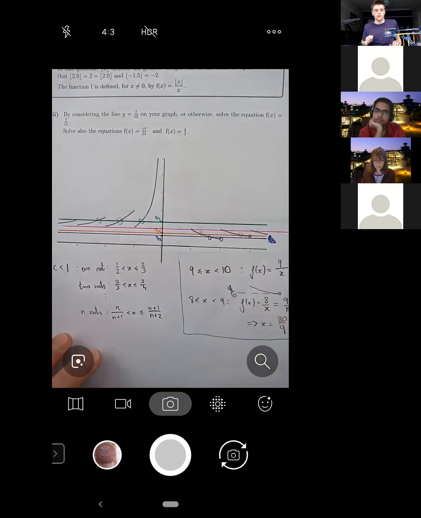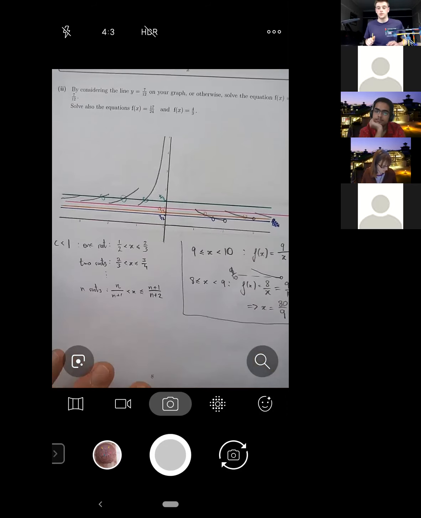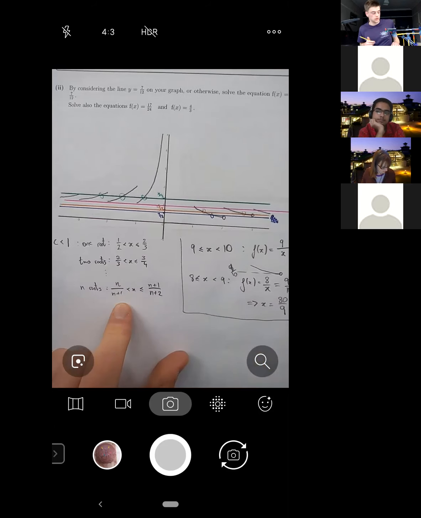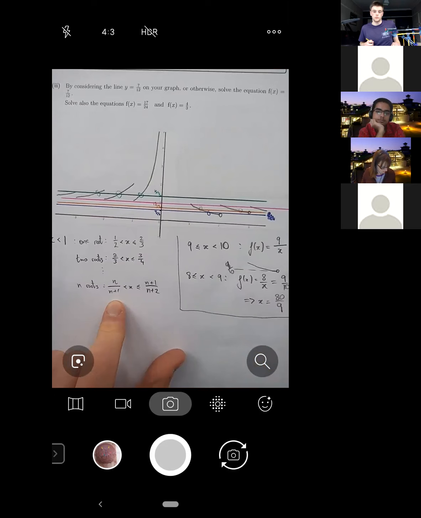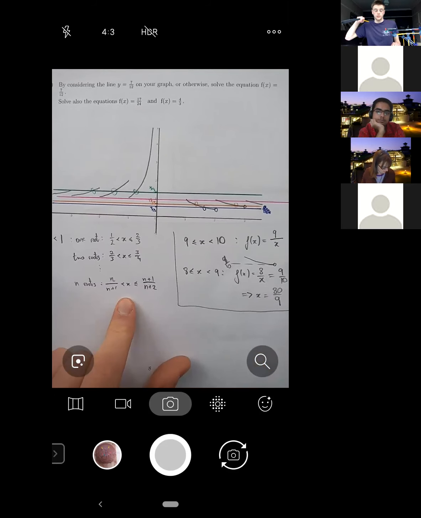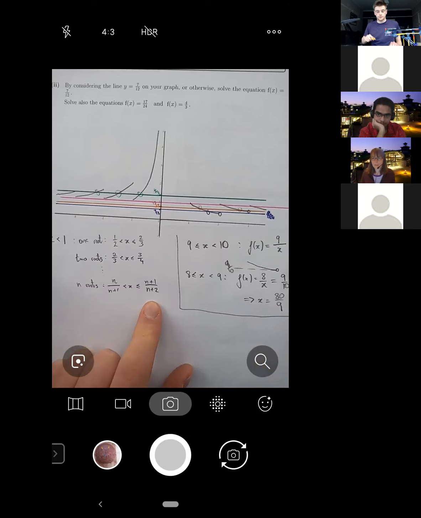Now it'd be nice to write some justification of this rather than just spotting a pattern and writing it down. And just say, if c was less than or equal to n over n plus 1, then we would hit fewer than n branches. And if it was greater than n plus 1 over n plus 2, then we'd also hit some of the next branches along.